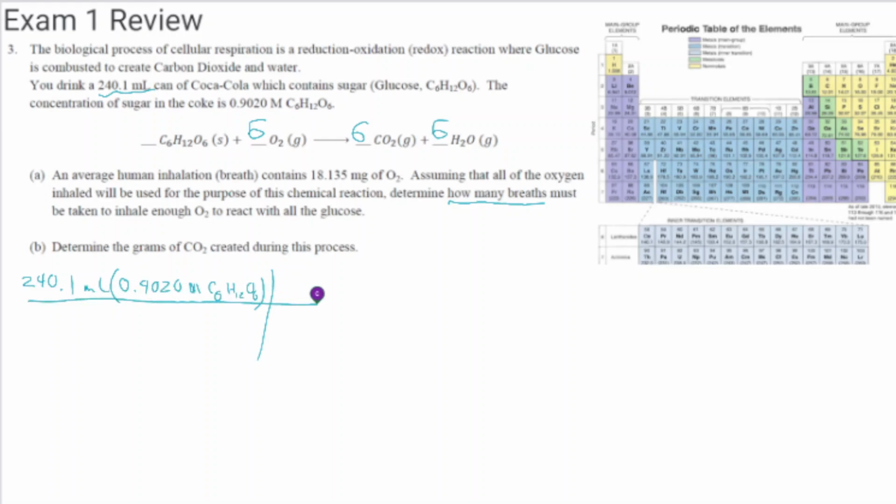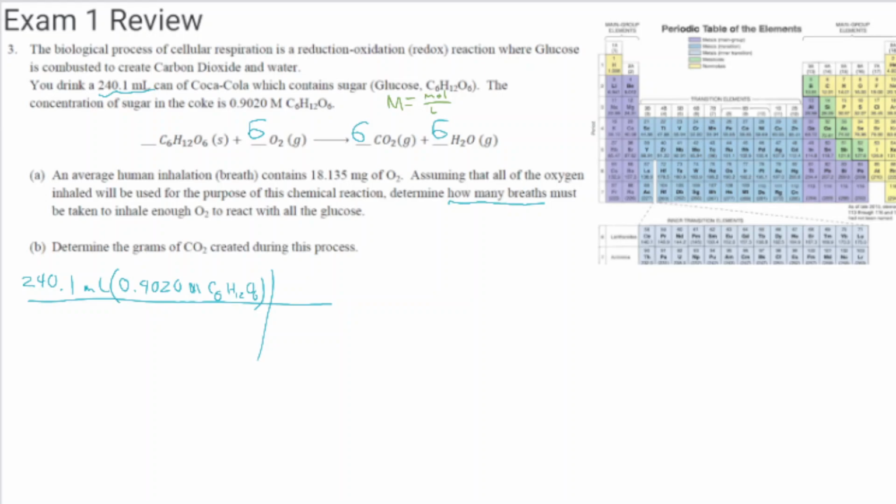All right, now our goal is to get to moles. So in order to do that, we need to remember that when we're looking at this capital M for the concentration of our Coca-Cola, capital M, that's going to be moles over liters. So moles of your analyte or moles of your substance divided by liters of your solution.